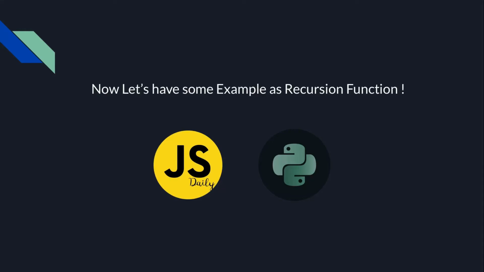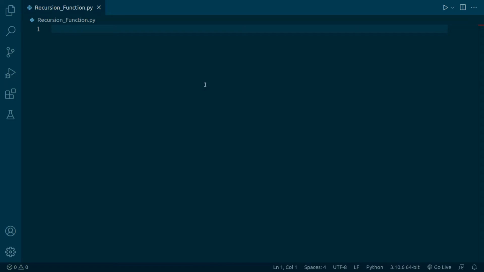Okay, now let's have some examples of recursion functions. Okay, first we have an example by the name of capitalized words. Before we solve this, we have to focus on three things in recursion.